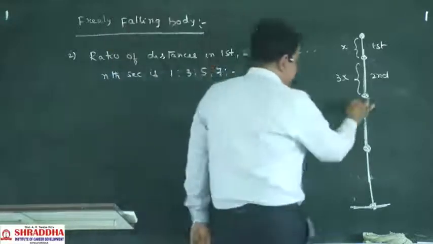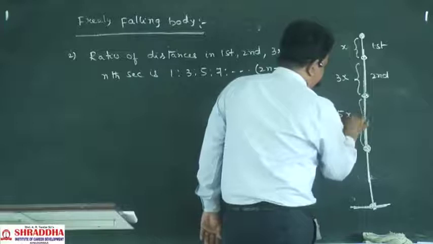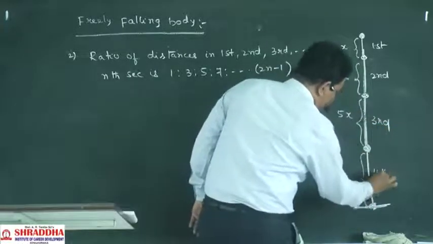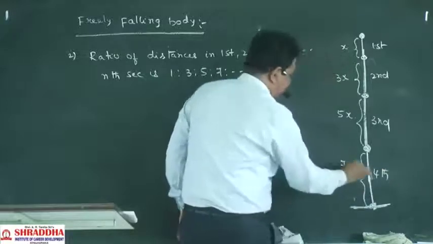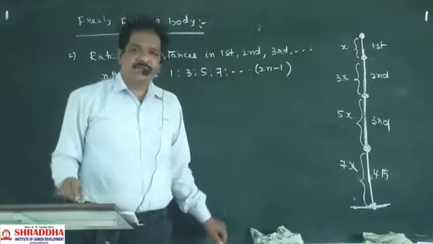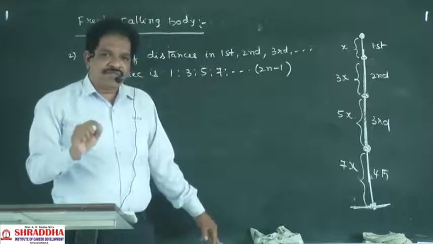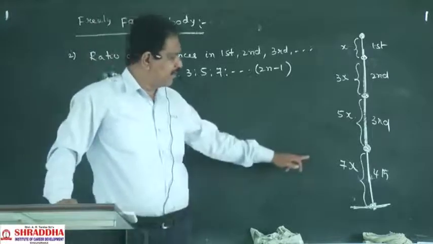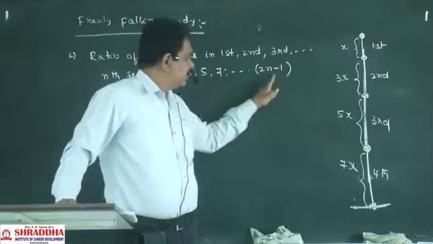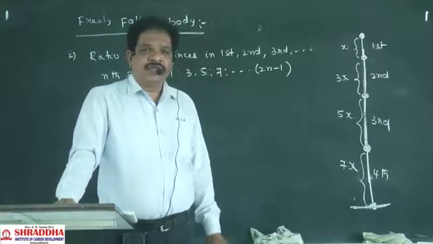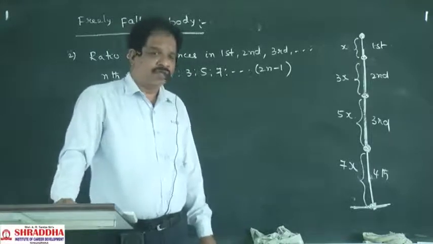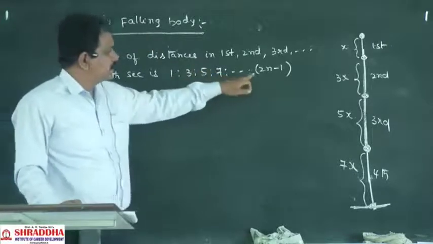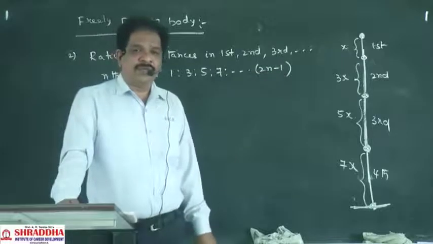In the third second, it will travel a distance 5x. In the fourth second, it will travel a distance 7x. My point is clear? In the first second, second second, third second, fourth second, and like that in the nth second, the ratio of distances covered is 1 is to 3 is to 5 is to 7 and so on, 2n minus 1.